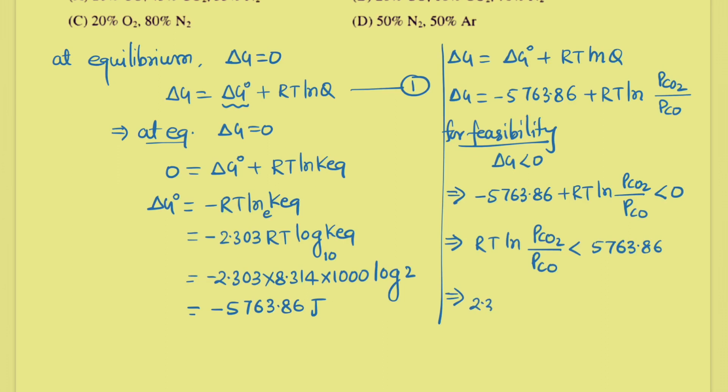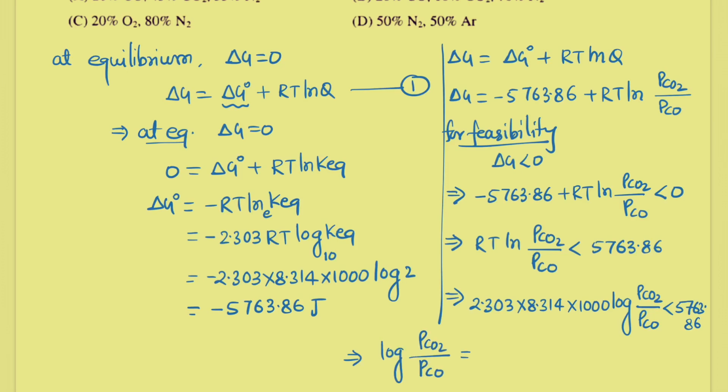So you have to multiply 2.303 into R, 8.314, into T, 1000 Kelvin, then log PCO2 by PCO is less than 5763.86. So log PCO2 by PCO will be less than 5763.86 divided by 2.303 into 8.314 into 1000.